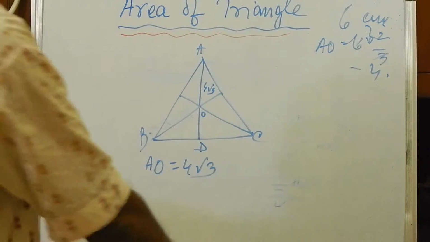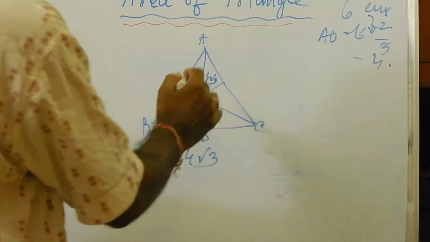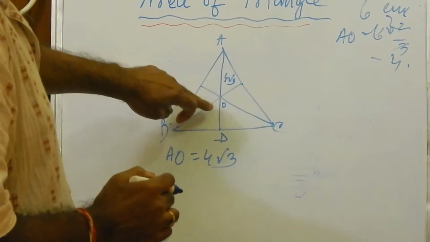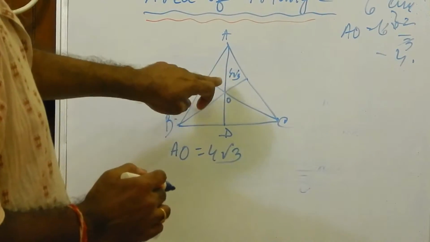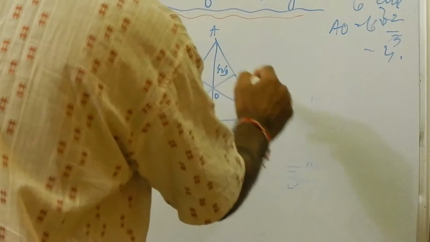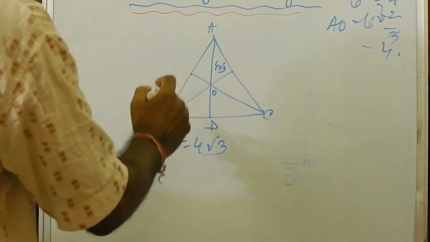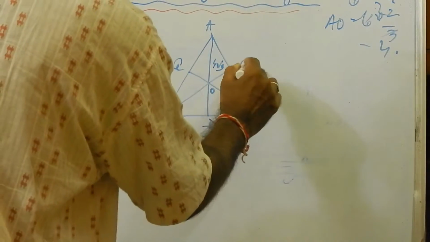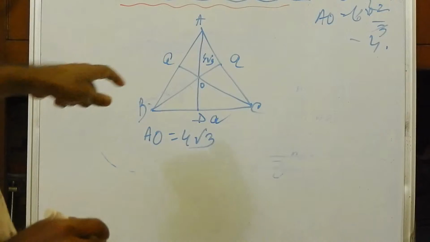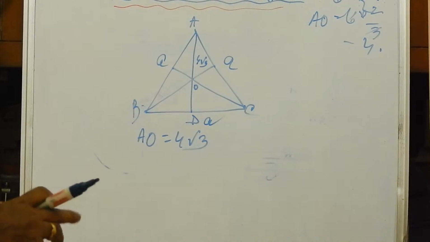The distance between the vertex and the centroid is 4√3, and it's an equilateral triangle. That means all the sides are equal.